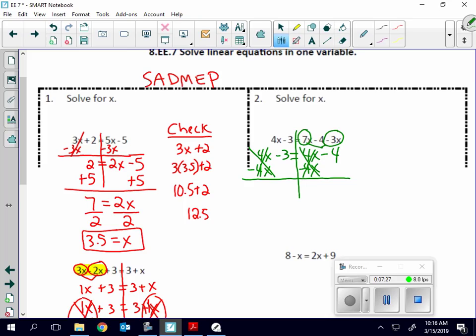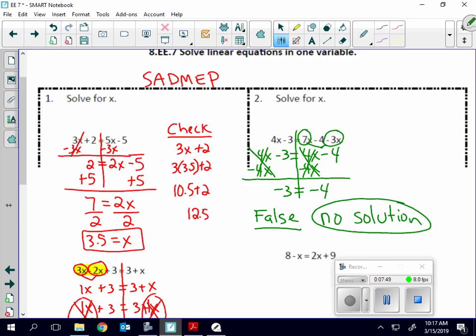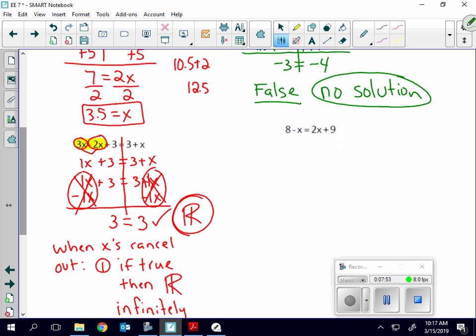I still have a negative 3, my equal sign, and a negative 4. Does negative 3 equal negative 4? No. So when all the x's are gone and it's false, there is no solution. And that's your answer. Not the word false. The answer is that there's no solution.